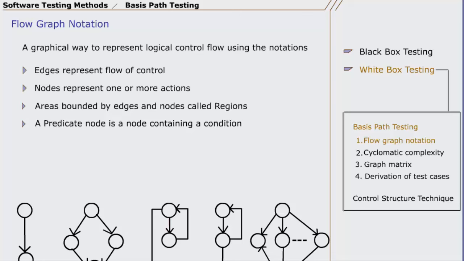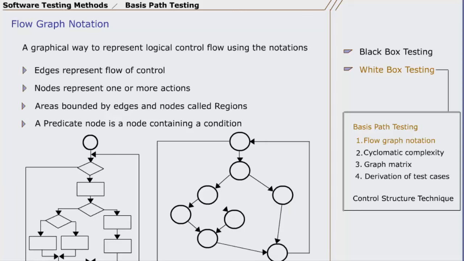A predicate node is a node containing a condition. In addition to this, a flowchart is used to depict program control structure, and the figure shown is mapping the flowchart into a corresponding flow graph with the assumption that no compound conditions are contained in the decision diamonds of the flowchart.